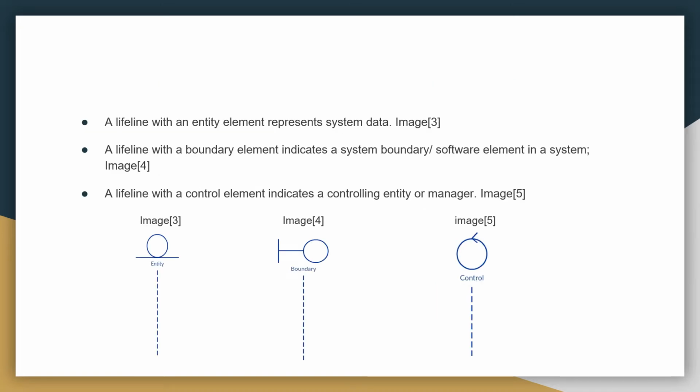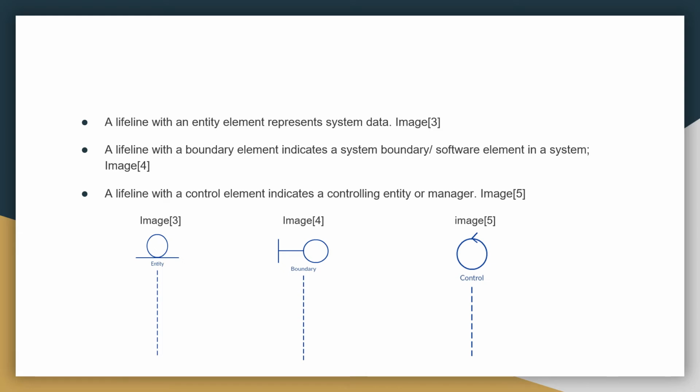The next element is the entity element. The entity element represents system data. For example, in a customer service application, the customer entity will manage all the data related to the customer. The next is the boundary element. The boundary element indicates a system boundary software element in a system.